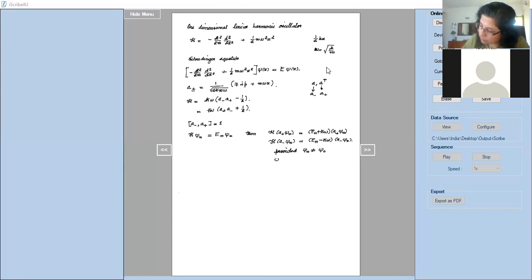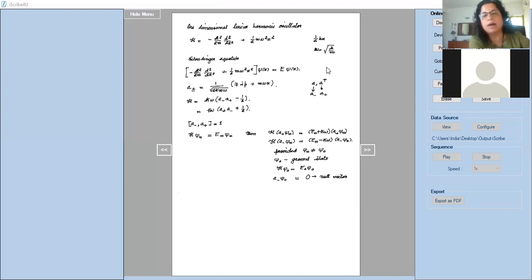Psi 0, of course, is your ground state. Basically, you have the situation H psi 0 gives you E0 psi 0. So what is the situation if you do an A minus operation on psi 0? Please remember, this will give you a null vector. So please remember that is the situation.